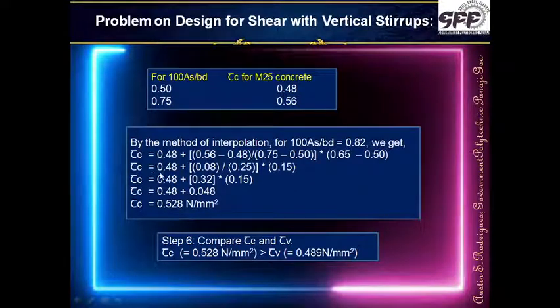So tau c is equal to 0.48 plus 0.08 divided by 0.25, which gives 0.32, into 0.15. So this comes to 0.48 plus 0.048. So the value of tau c comes to 0.528.